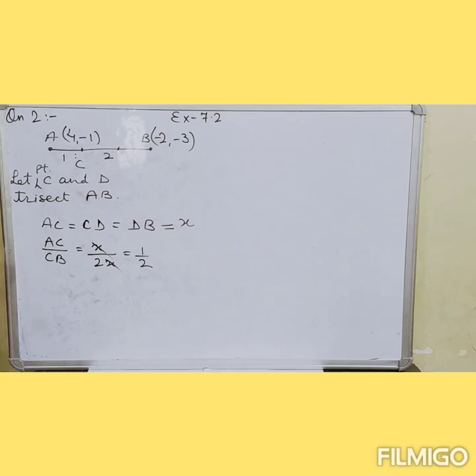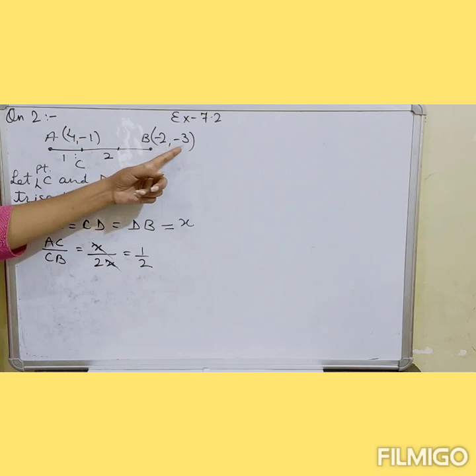So we have now the ratio of AC is to BC. We know the points A and B. Now you have to apply the section formula. The ratio means m1, m2 is 1:2, m1 is 1, m2 is 2, x1 is 4, y1 is -1, x2 is -2, y2 is -3.